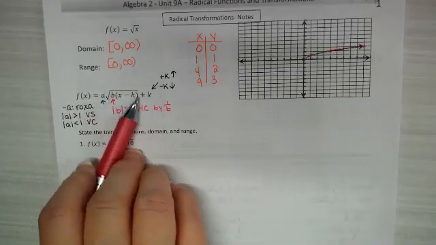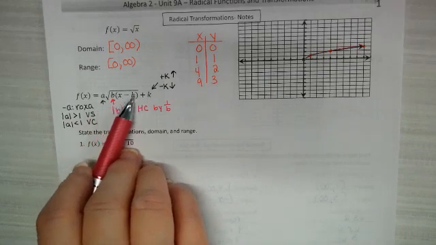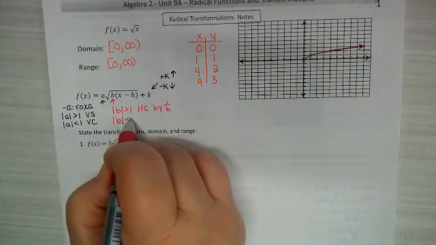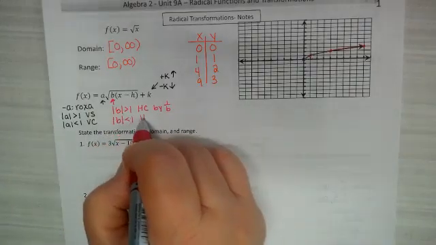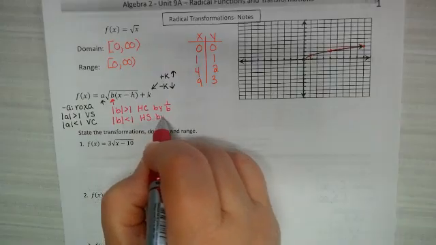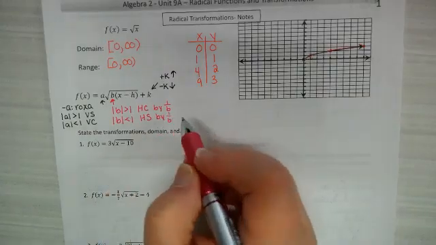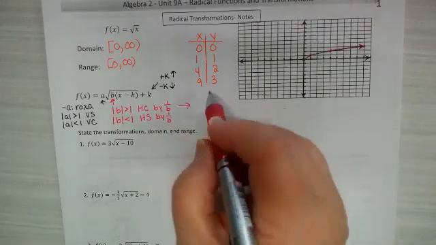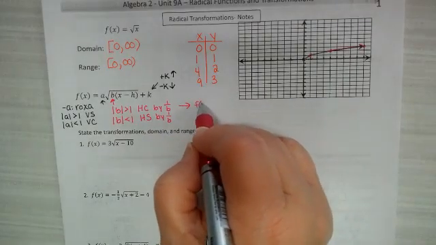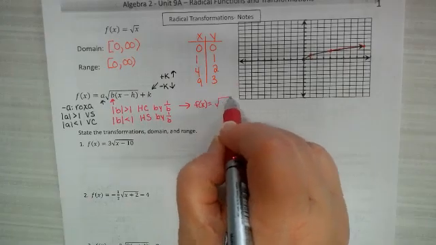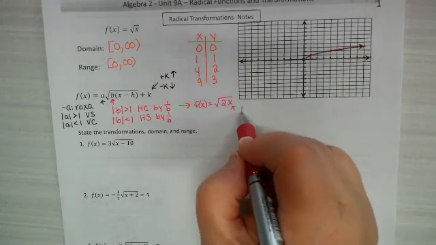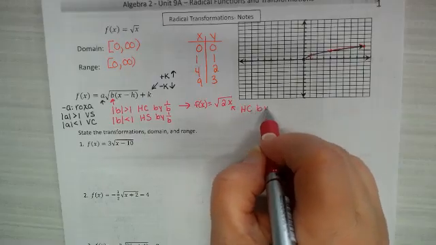So everything under here is opposite. Remember how the h moves opposite of what you thought it did? Well, that's what b does. If the absolute value of b is less than 1, that's a horizontal stretch by the reciprocal. So for example, if you had f of x equals the absolute value of 2x, that would be a horizontal compression by 1/2.